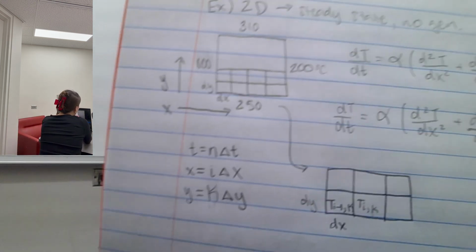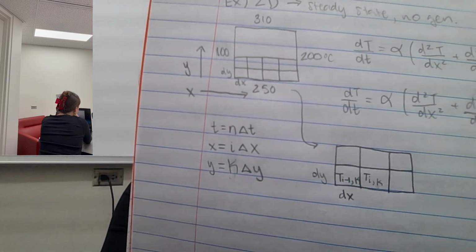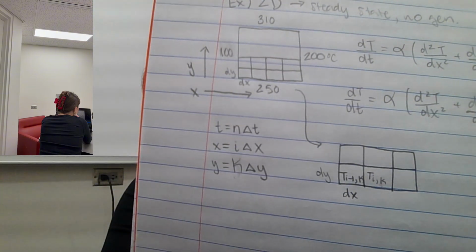So then if we were to look at the block just before it, still on the same level, we would now be looking at T i minus 1, k. So our new position is 1 to the left, so i minus 1, and then it's still at k because we're not moving up and down in the y direction yet.